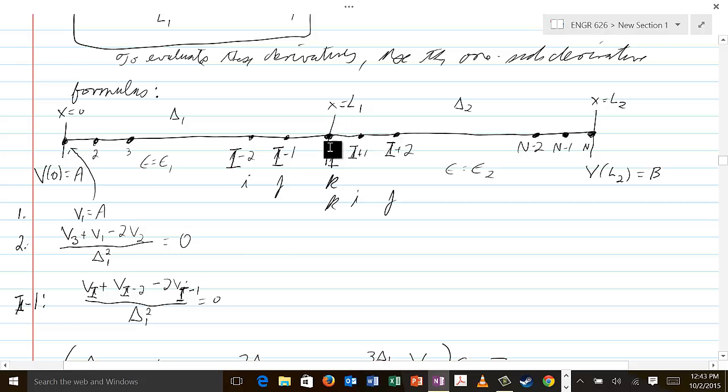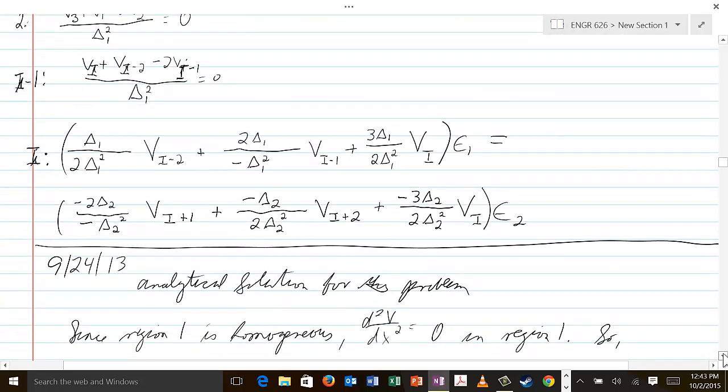It's only at this node right here at the interface where we have something different. And there, keeping in mind that we're now using the one-sided derivative formulas, this is the formula you would get: (delta 1/(2 delta 1 squared)) V(i-2) + (2 delta 1/(-delta 1 squared)) V(i-1) + (3 delta 1/(2 delta 1 squared)) Vi, times epsilon 1.